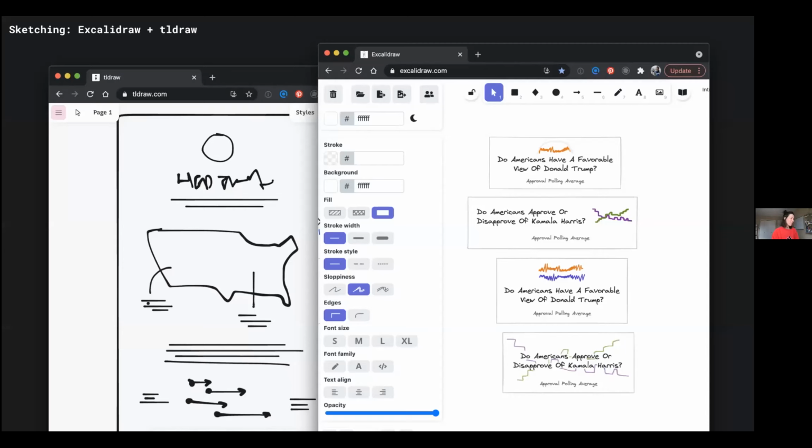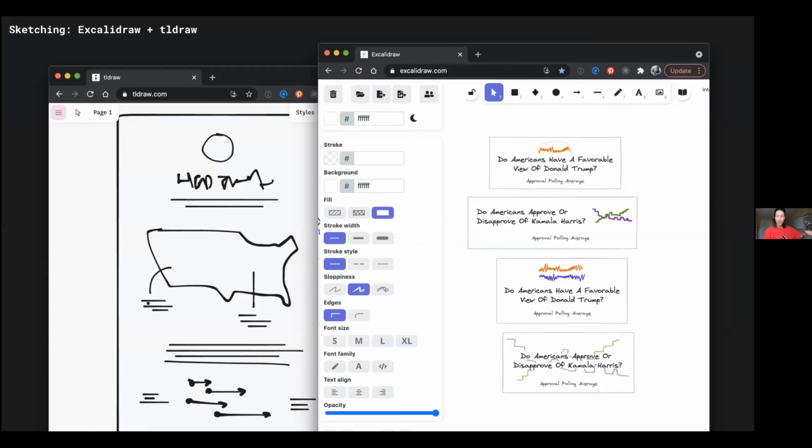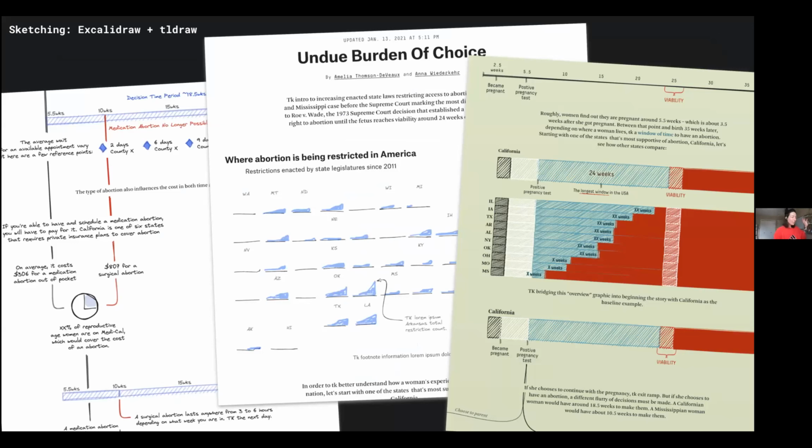I use 2 different types of browser-based sketching tools, Excalidraw and tldraw. Both of these help me a lot in getting my ideas down digitally, and then pushing that into a final mock, which is what I want to show here. I go into Excalidraw, draw a bunch of stuff, and export that as an SVG, and put it into Sketch.